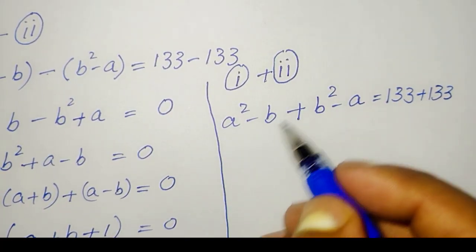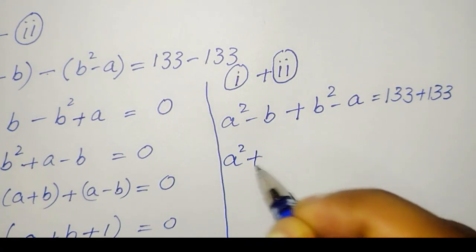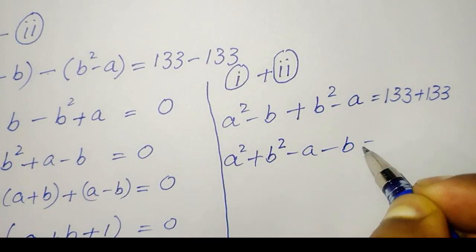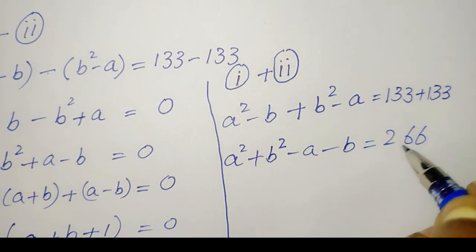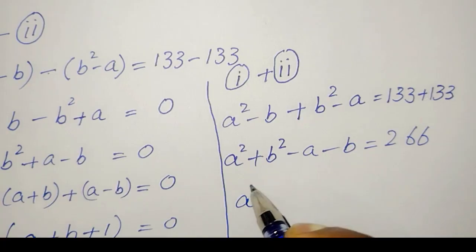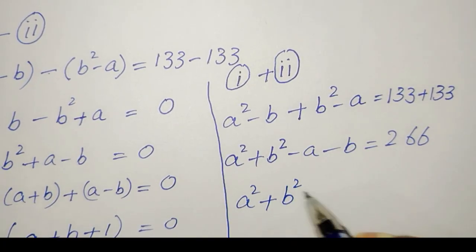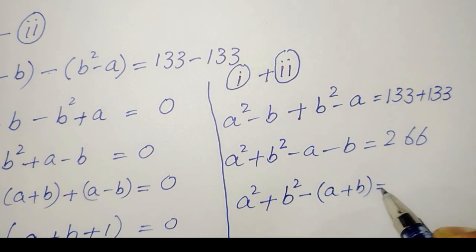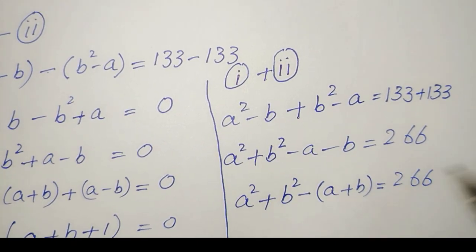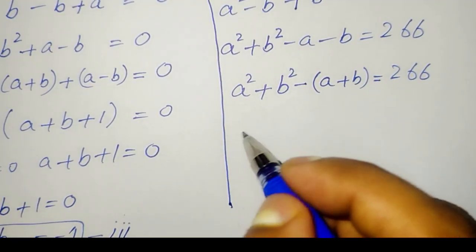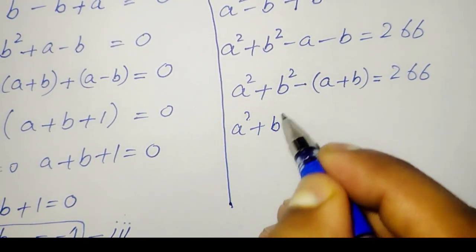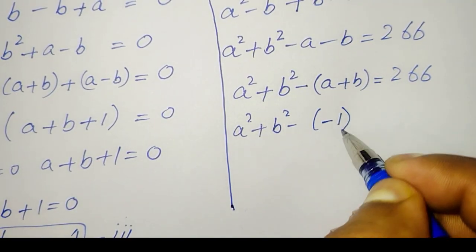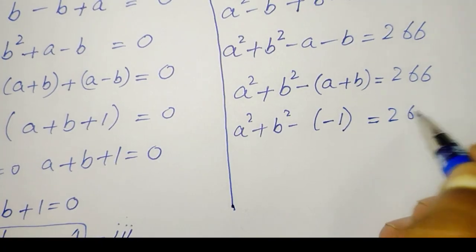Now have a look at that: a square plus b square, after slight arrangement, minus a minus b, equals 266. A square plus b square, and if minus is taken as common, then a plus b equals 266. Now, a square plus b square minus, if we place the value of a plus b that was previously calculated as minus 1, equals 266.